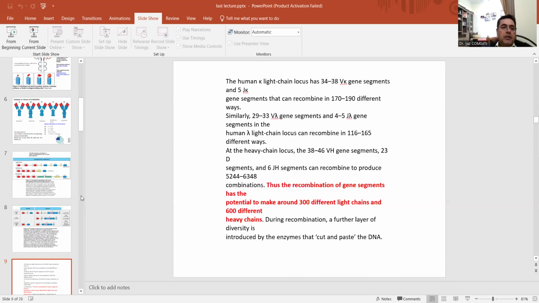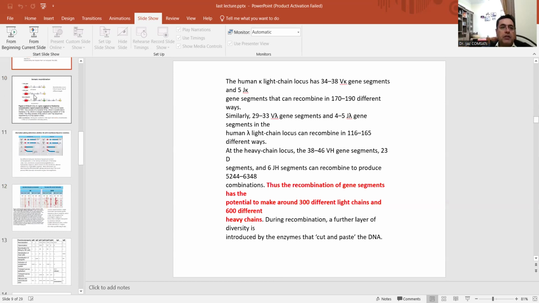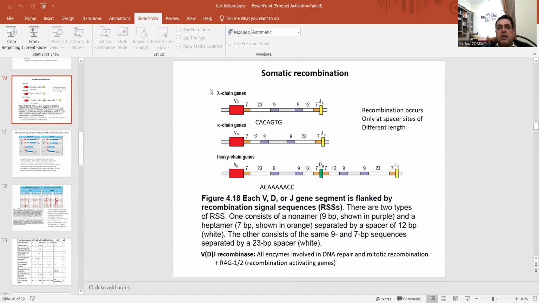So this is the basic thing that is going on inside the B cell during this recombination process. There are certain sequences that are present in between these gene segments.